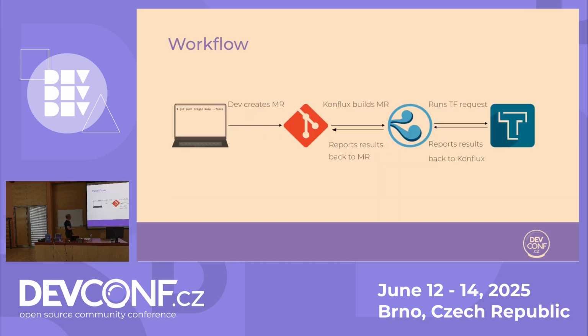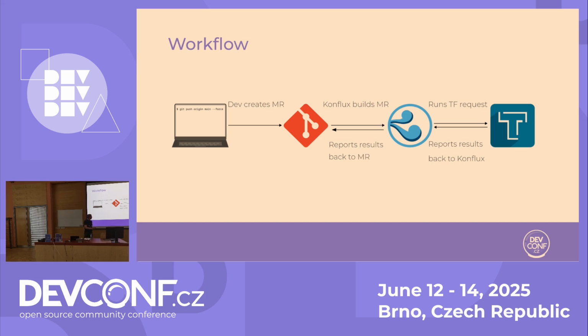And here's how it all comes together. Whenever a developer creates a merge request, Konflux picks up the event and kicks off the build. As a part of the build, it runs several integration pipelines. One of them is the Testing Farm pipeline.